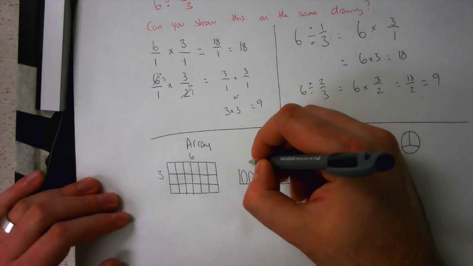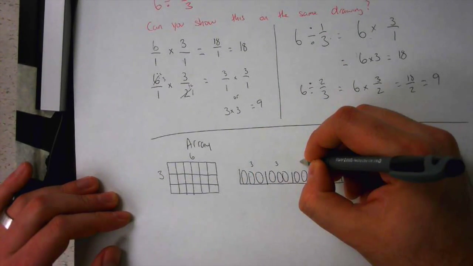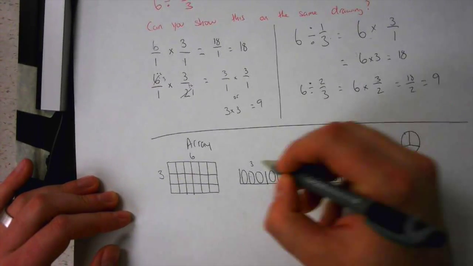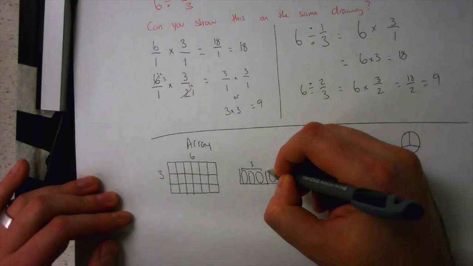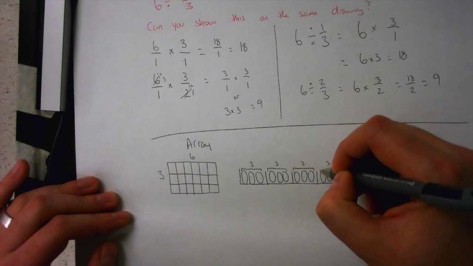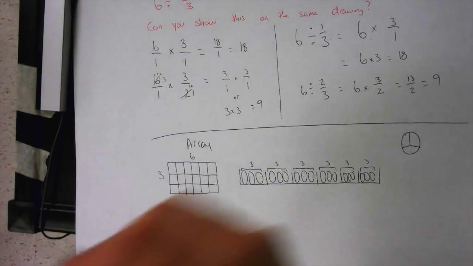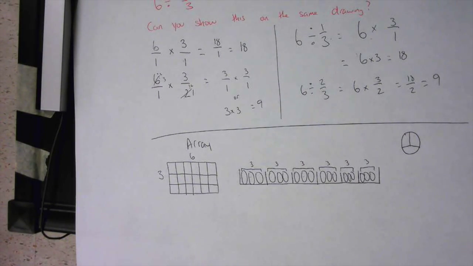So here we can see that there's 3 pieces here, 3 pieces here. Let's do it like this. So like that. So now it's asking for how many pieces there are. If you were to take 6 chocolate bars, divide each one into 3, I have 18 pieces.